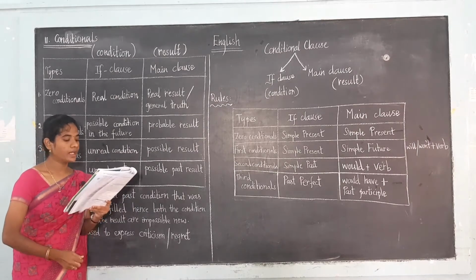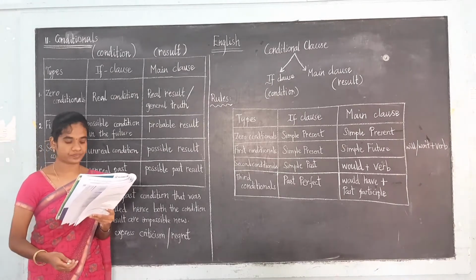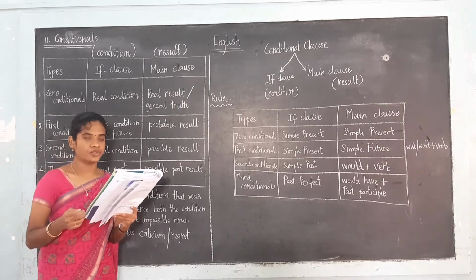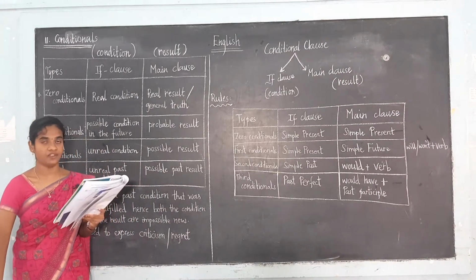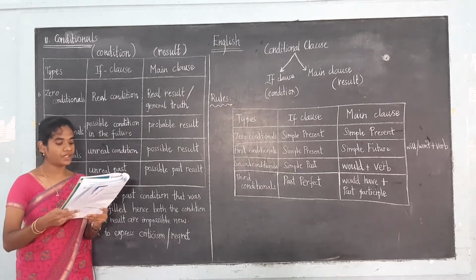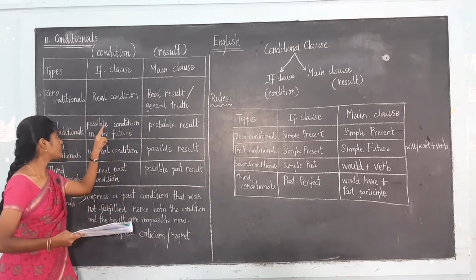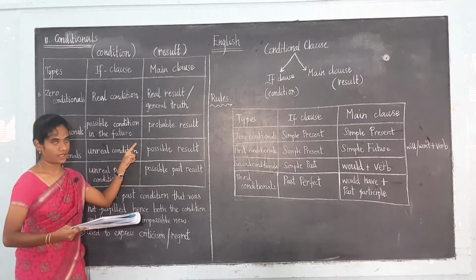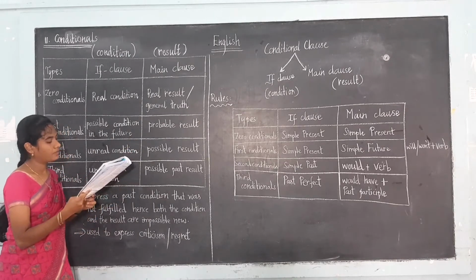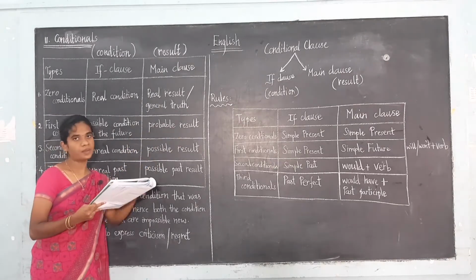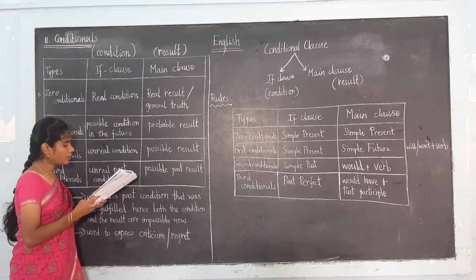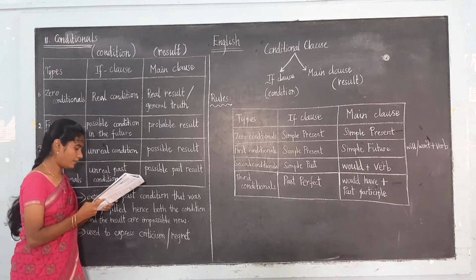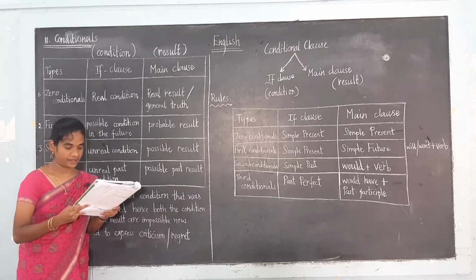See the next one: if the weather is good, we will play football. If the weather is good is the possible condition in the future, and we will play football is the probable result. The next one: if the car does not arrive on time, we will be late for the meeting.